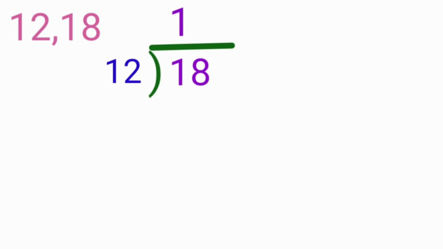So write 1. 1 12 is 12, so write 12 below 18. Now subtract, 18 minus 12, we get 6. So the remainder is not 0, and we cannot stop here.